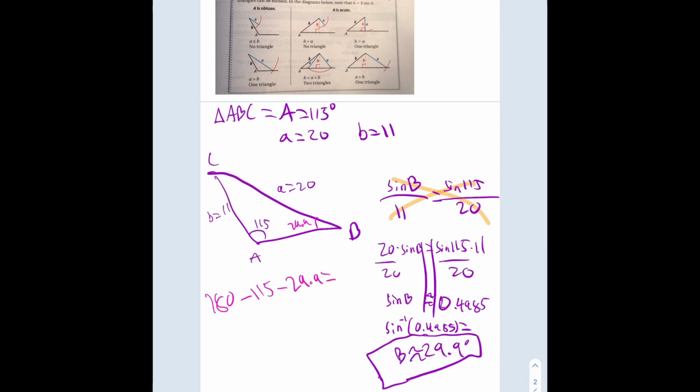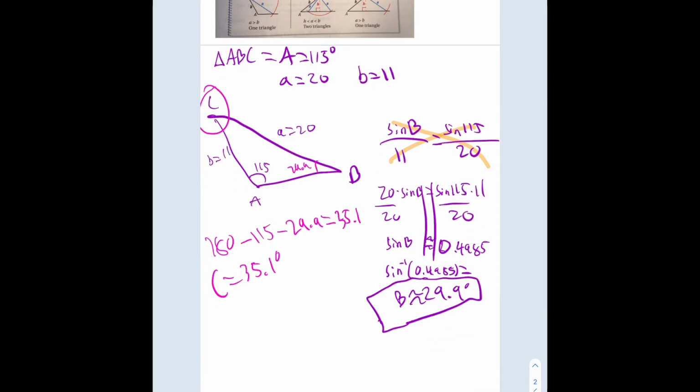I'm going to take away 115, I'm going to take away 29.9, and whatever's left is going to give me angle C. So 180 minus 115 minus 29.9 is going to give me 35.1. So angle C is 35.1 degrees, which means all I'm left to do is find side C.